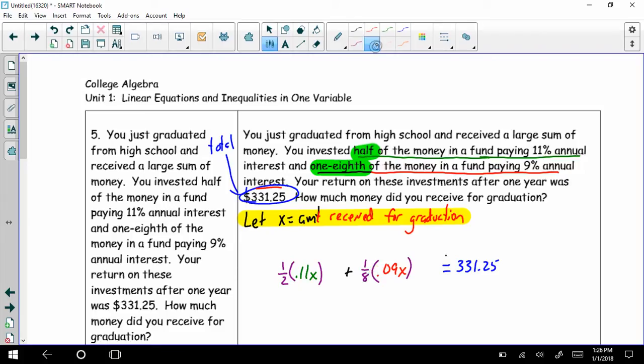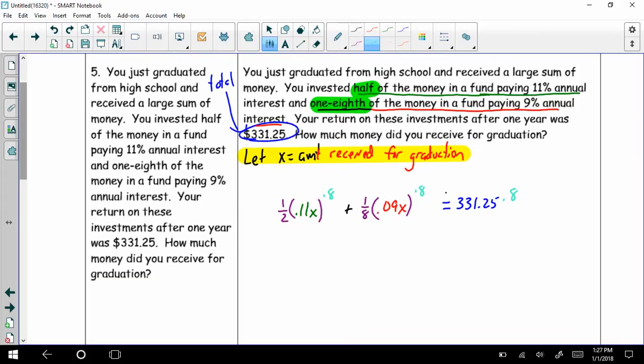So multiplying by the LCD is probably what I want to do. So in this case, I'm going to multiply this by 8, multiply this by 8, multiply this by 8. That gets rid of all my fractions, and this becomes 4 times 0.11x plus 1 times 0.09x equals 331.25 times 8, which is going to give me 2650. And so multiplying everything by 8 gets rid of my fractions, less stuff to think about.